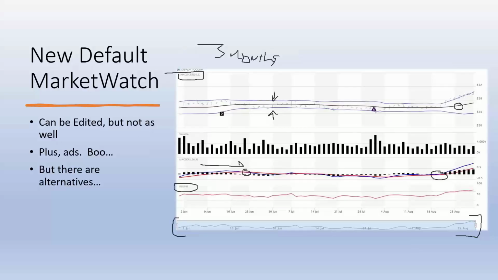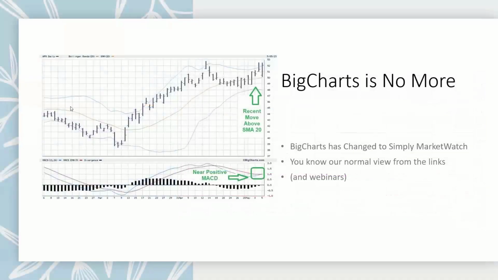Now, the one thing that Ernie and I didn't like about this new view compared to what we saw on the old big charts view is this: the OHLC lines are a little bit bigger, thicker, easier to read. And the chart is set a little bit more wide, meaning the prices of the underlying stock price, you can see better movements.